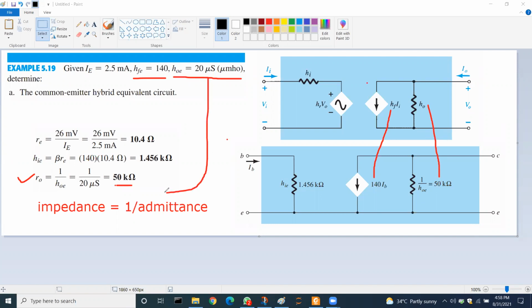So this value is primarily derived from this value. So we have placed these values. Then the HIE is found through this beta RE formula, and RE is derived through this line.